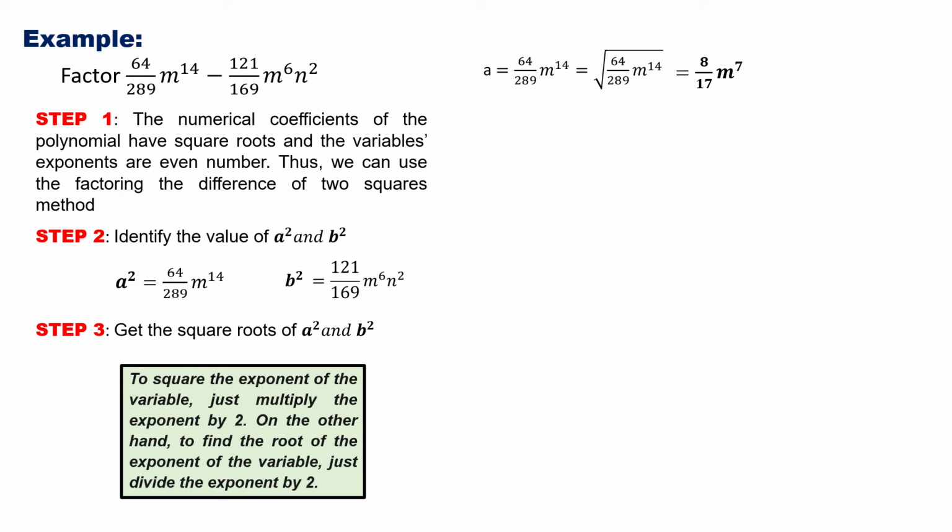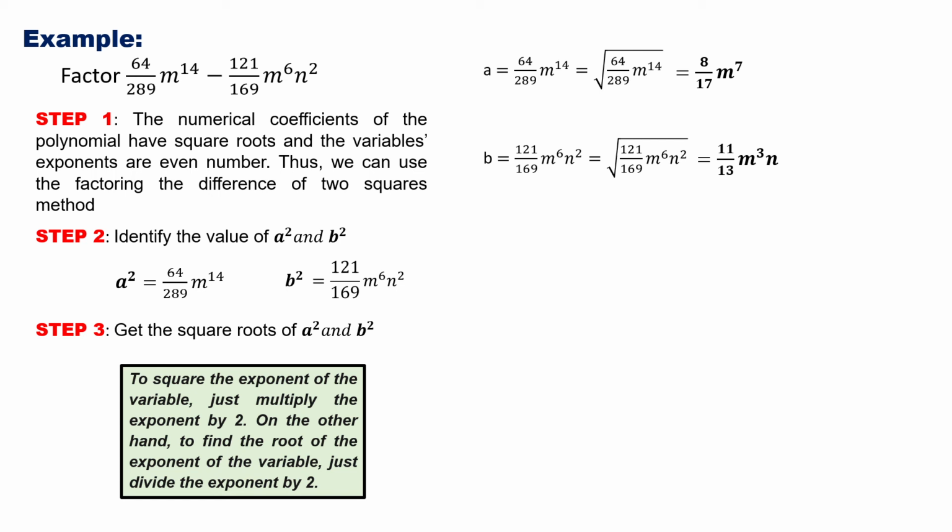Again, take note that the answer of the exponent divided by 2 is the exponent of the square root of our variable. Now for our b, let's get the square root of 121 over 169 m to the power of 6 n squared. The square root of our coefficient is 11 over 13.